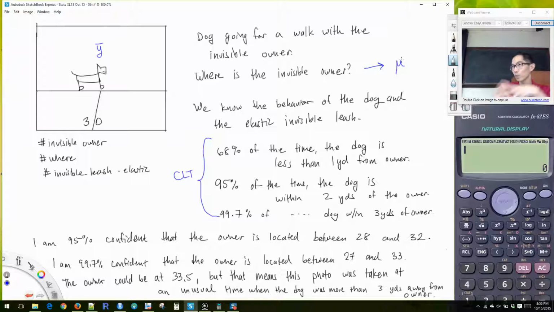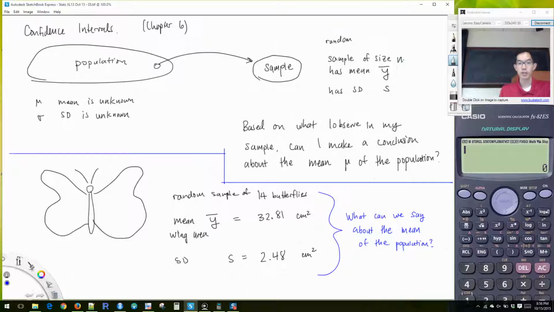So earlier today we talked about sampling distributions, the behavior of y bar in terms of where it ends up located in relation to mu. So when we are faced with a situation like this butterfly thing, we can see y bar, and we have a standard deviation of our sample, not the standard deviation of the population, but because we know y bar comes from a normal distribution, we know that the population mean mu cannot be super far away from y bar.